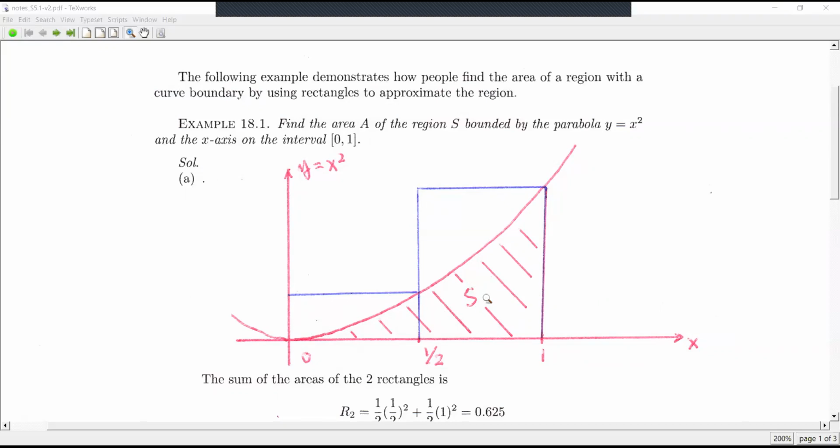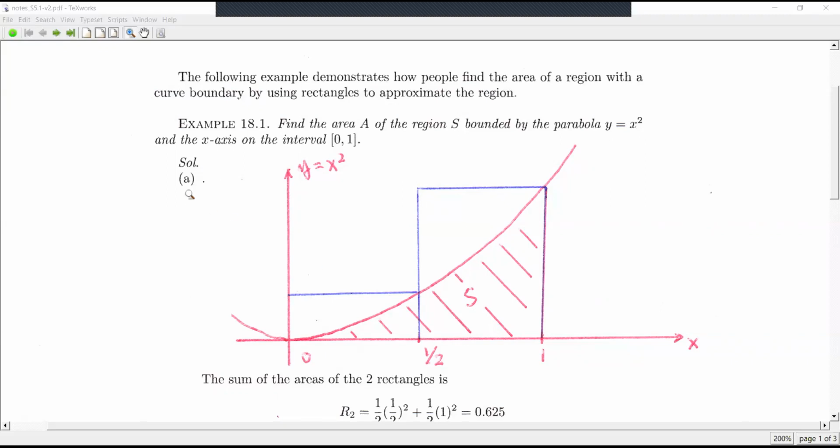We can use polygon to approximate the region, but in this example, we use rectangles to approximate the region. The area of a rectangle is more straightforward to compute than the area of a polygon.